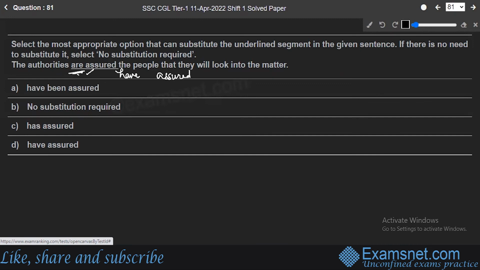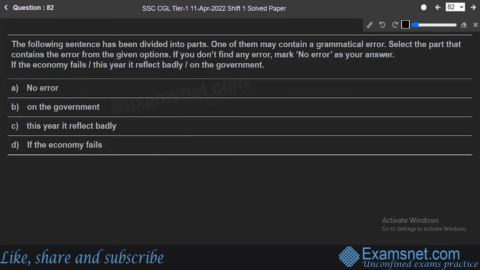The present perfect tense is used to discuss something that has happened at a non-specific time before now. So in this question, it will be: the authorities have assured the people that they will look into the matter. So option D is the correct answer for this question. Right? Hope you're clear.